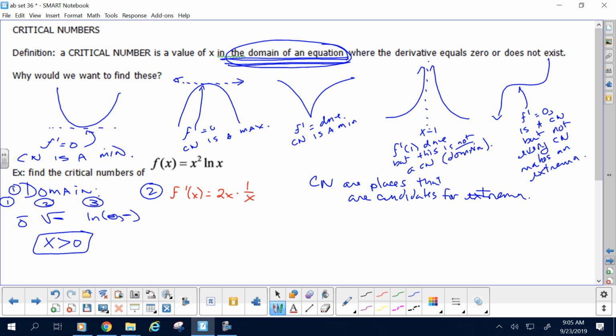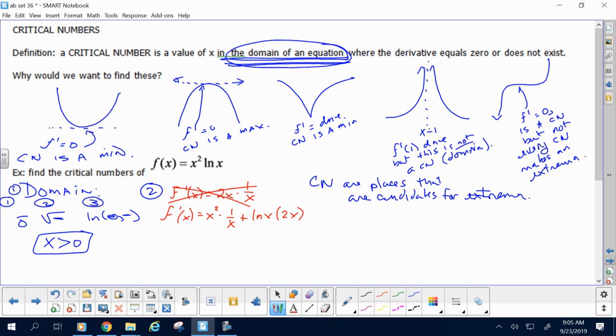Is that how you take a derivative of a product? No, that's garbage. Derivative of a product is first stays the same, times the derivative of the second, plus second stays the same, times the derivative of the first.